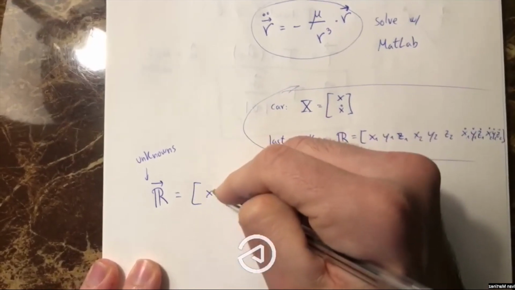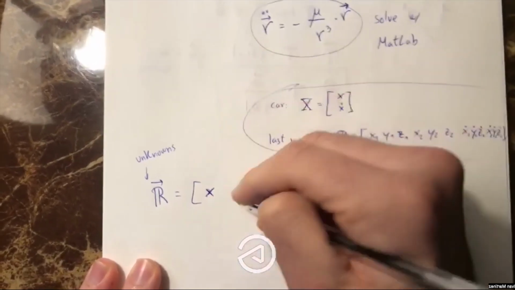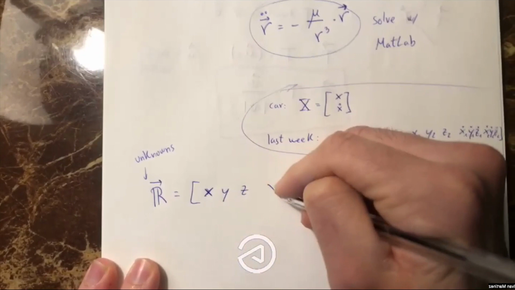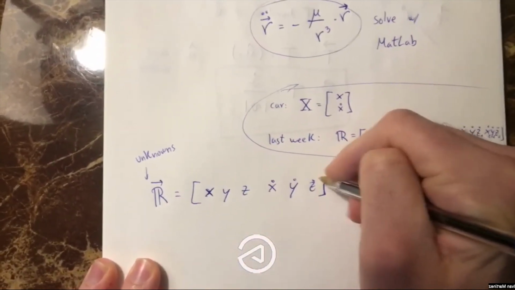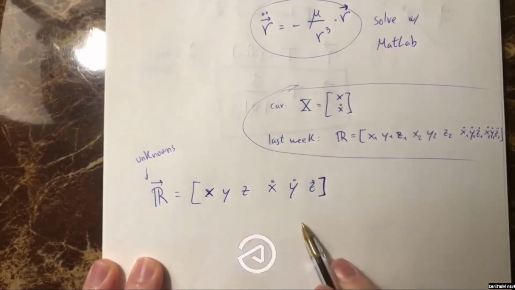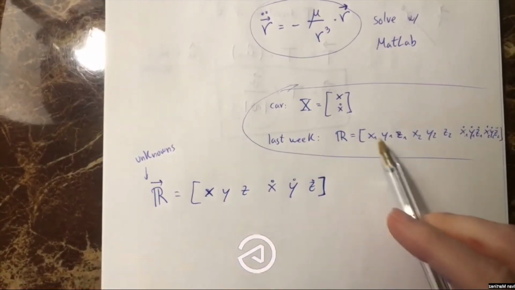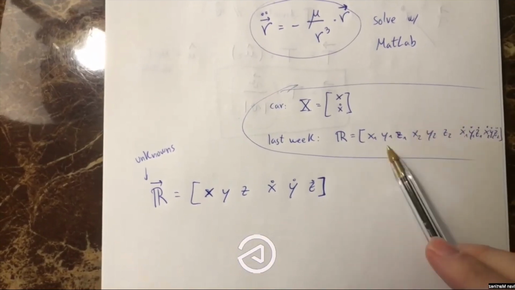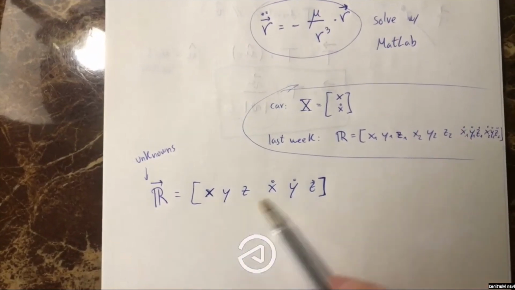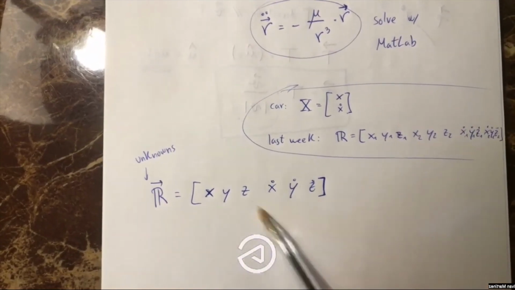We have just one mass, which is a satellite. So my unknowns are gonna be six. The three positions and the three velocities. It's comparable to what we did last week, but we had two masses then. This time we only have one. So we have its three positions and its three velocities.